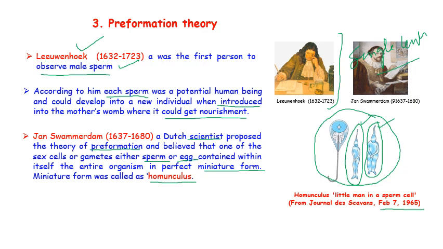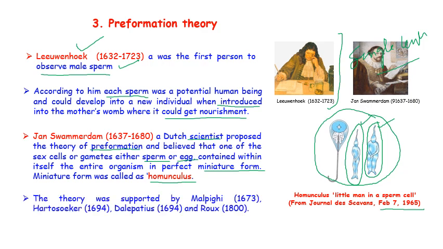These sperms or egg cells had the ability to give rise to the whole individual, and these miniature forms were known as homuncules. Later on, this theory was also supported by several scientists, which included Roux, Delpit, Smelfegi, and others. And this theory did receive some attention for some time.